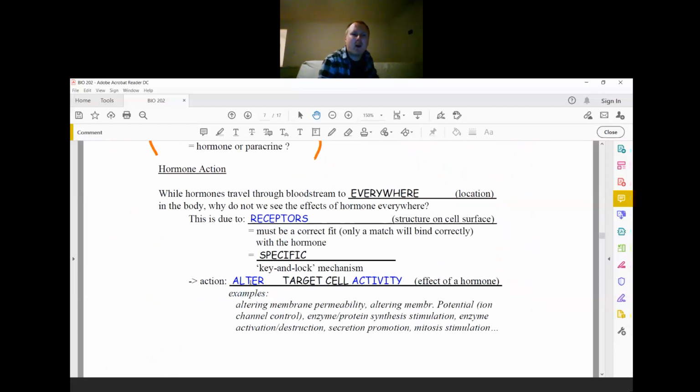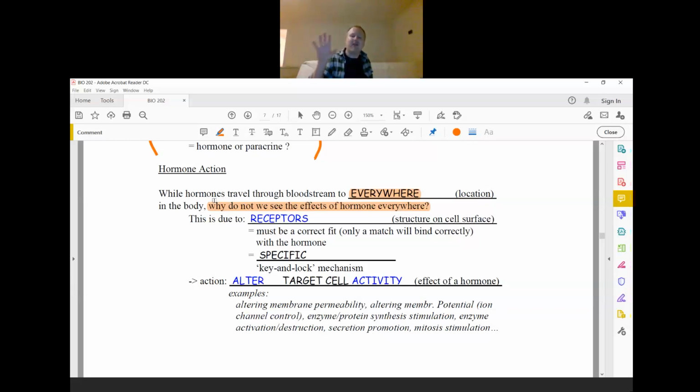What I want to talk about next is a quite fundamental question, and I think it comes up whenever I discuss with students: if the hormones travel everywhere in your body, why don't we see them acting in every part of the body? That would make sense. But there is a very good explanation for that.